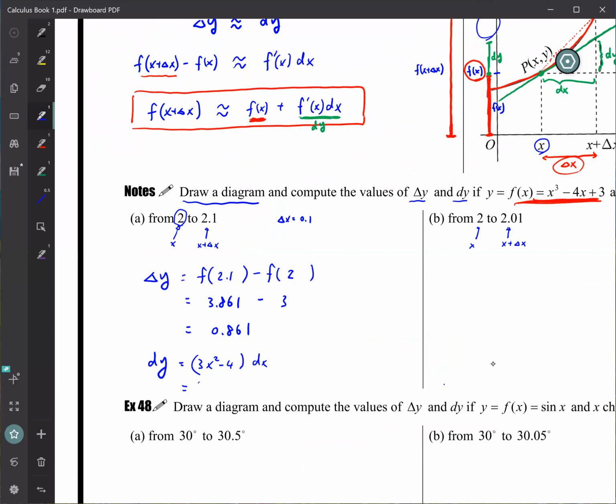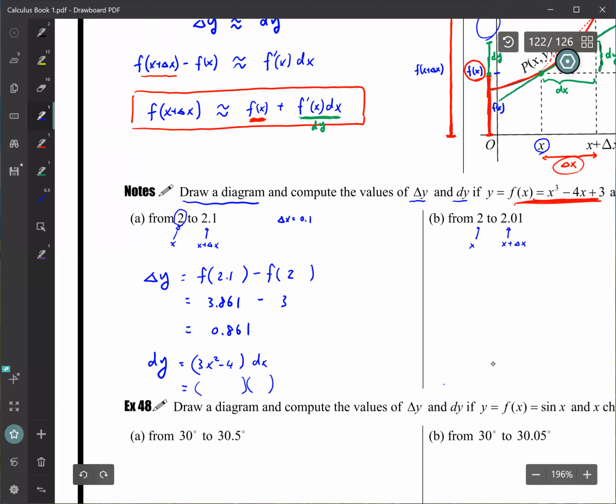And what about the value for dx? What value for dx do you use, Carrie? I'm not sure. Anyone else?